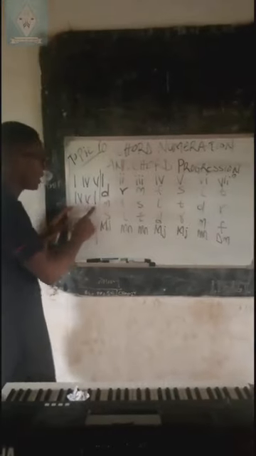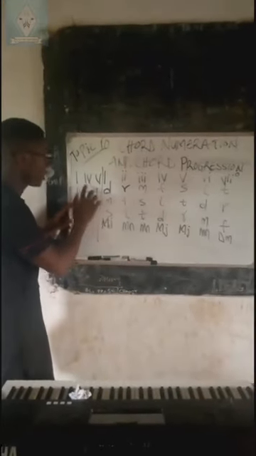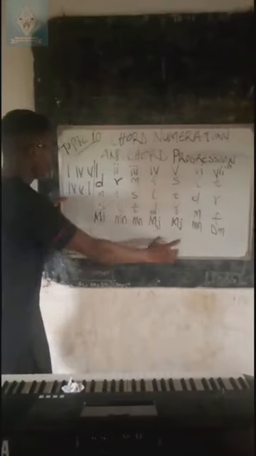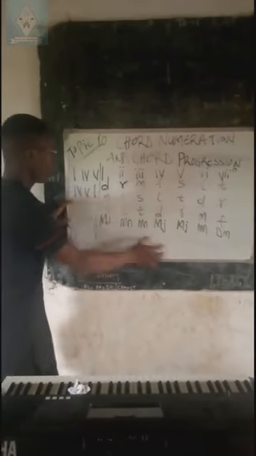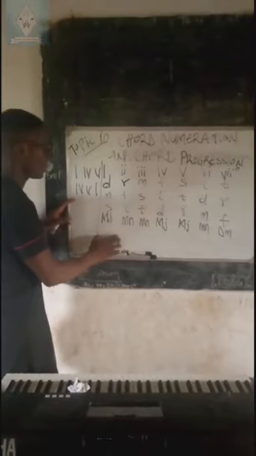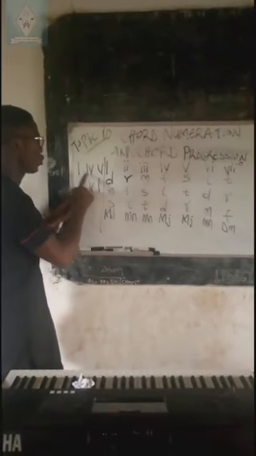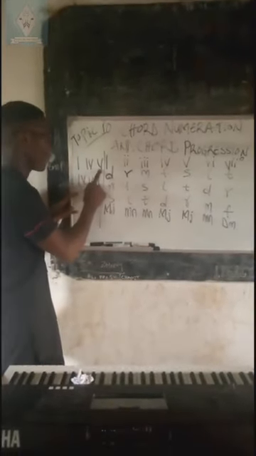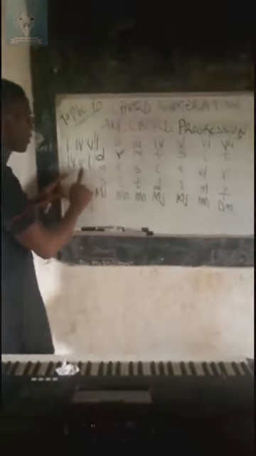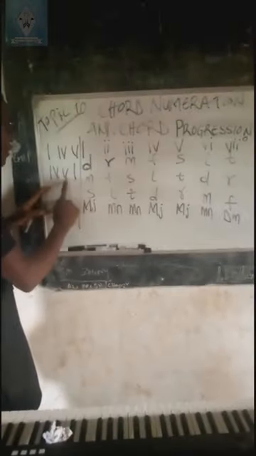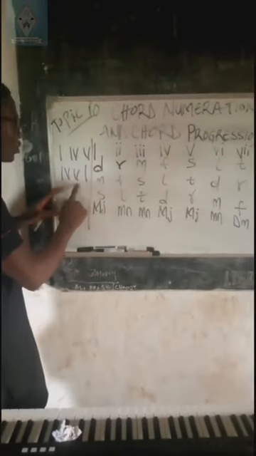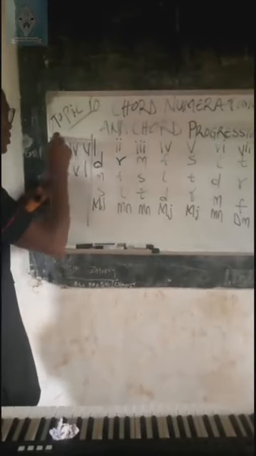You are expected to play chord 1 and chord 4, then chord 5, chord 4 again, chord 5, and chord 1. That means chord 4 can follow chord 1, chord 5 can follow chord 4, chord 4 can follow chord 5, chord 5 can follow chord 4, and chord 1 can follow chord 5. So this is a progression.